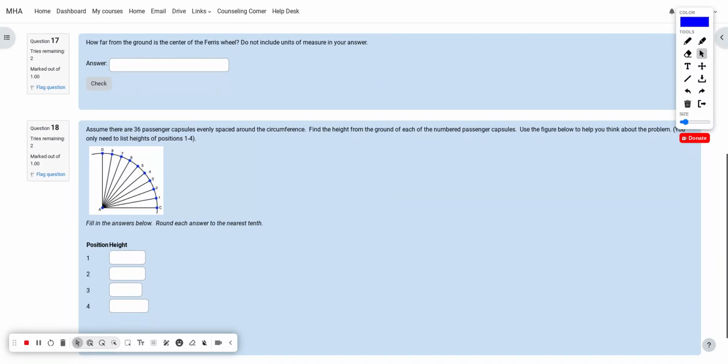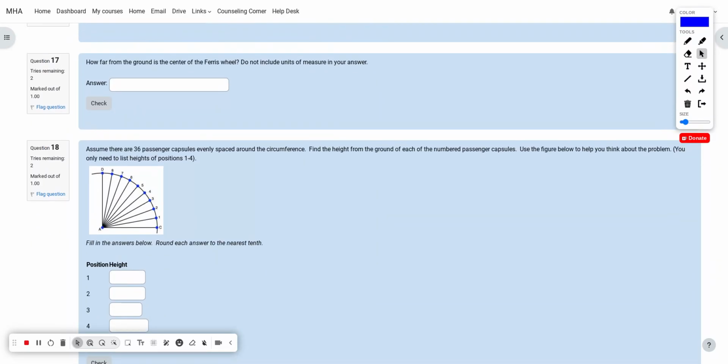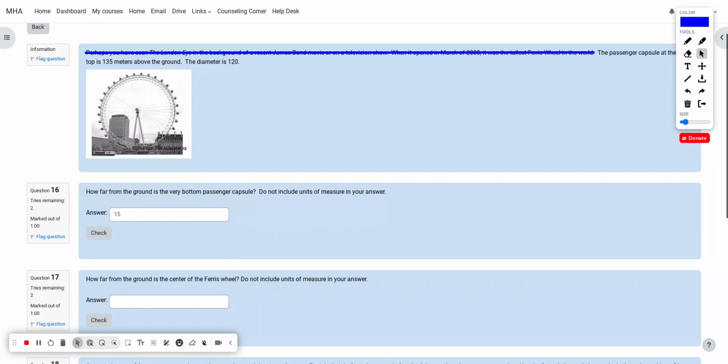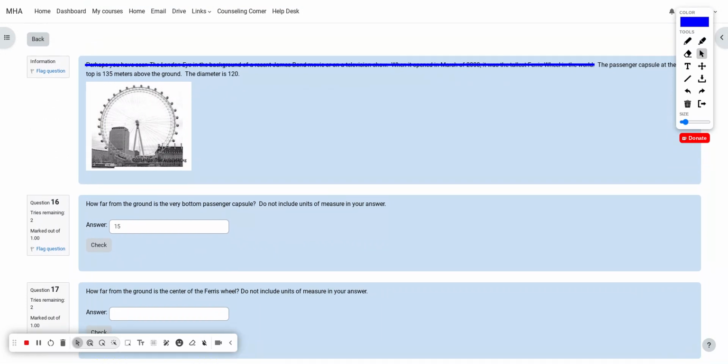Now number 2, how far from the ground is the center of the Ferris wheel? And this one's a little tricky. I see people try to take 135 and divide it by 2. Don't do that. That's just taking half from the top to the ground, which is actually about right there.